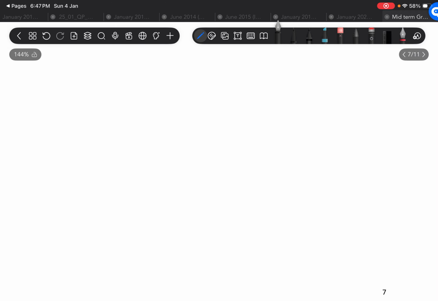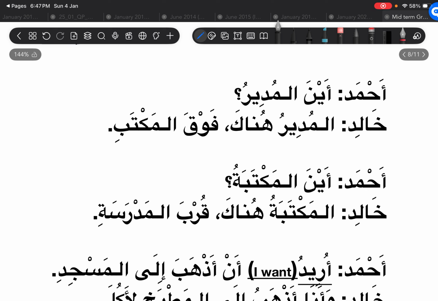Okay, this is the main deal. This is the translation. Ahmed, ayn al-mudir. And the worst thing was, for this exam I gave you the vocabulary sheet. It was like giving a chemistry exam with the periodic table with you. You could literally see the vocabulary.